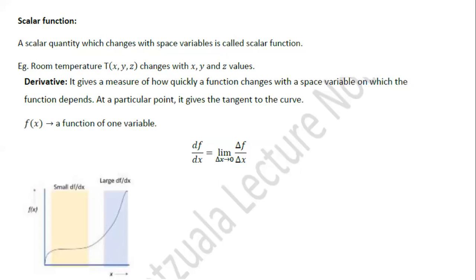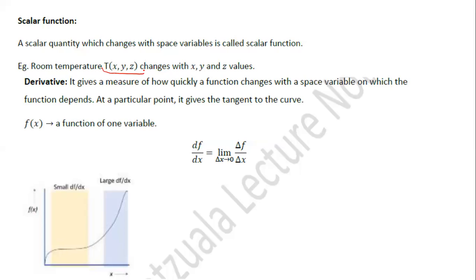A scalar function is like, for example, a very common example here we can give is a temperature. Room temperature in your three-dimensional space can also be considered as a scalar function, because room temperature in your very own space, it varies with coordinate variables like x, y, and z value.